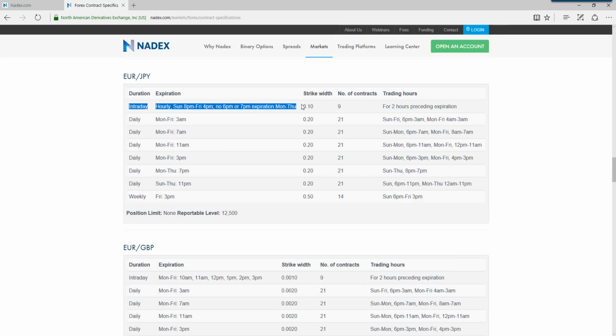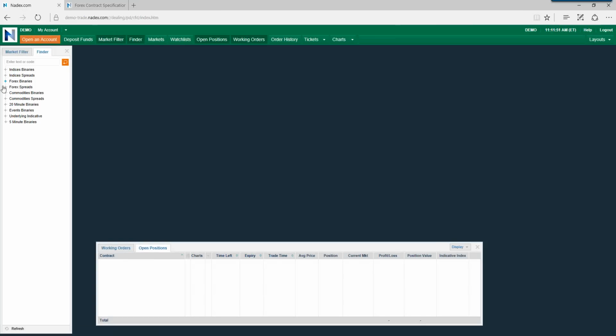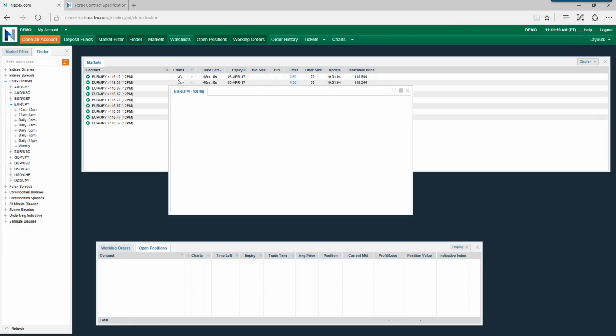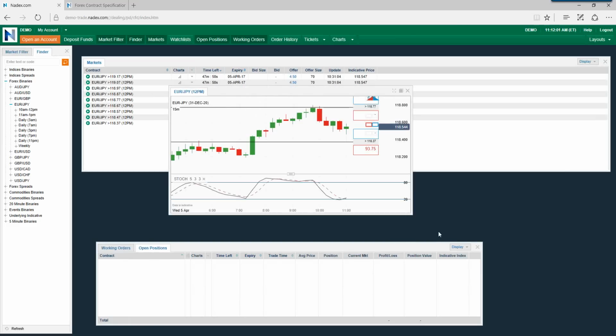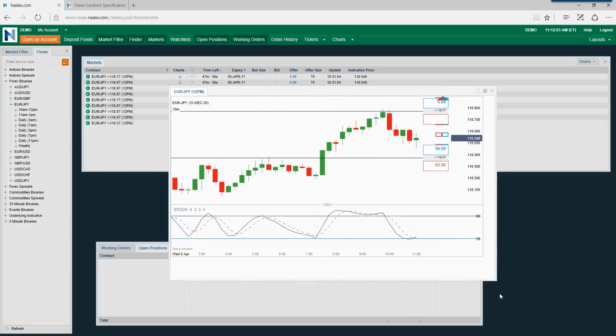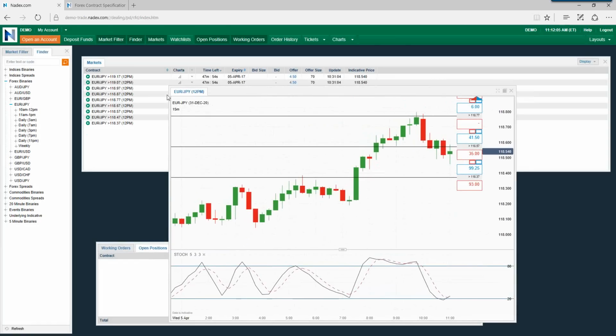Now let me show you why the strike width is important and you just don't know it. Let's go and let's bring up a chart. And we're going to bring up the Euro Yen, and we'll bring up just any chart. It doesn't really matter, okay? So I'm going to stretch it out.